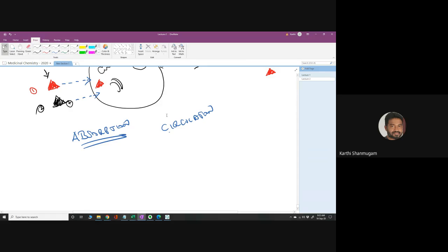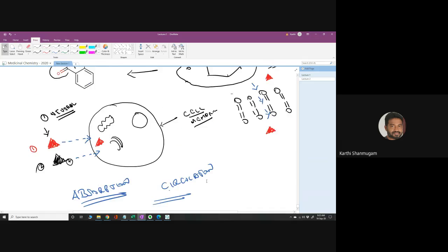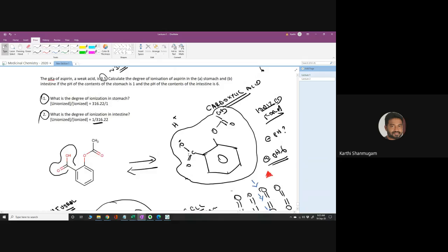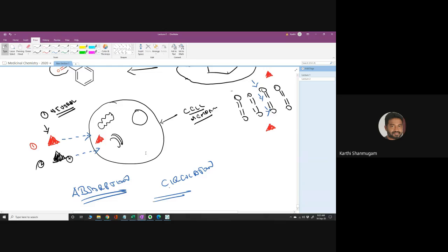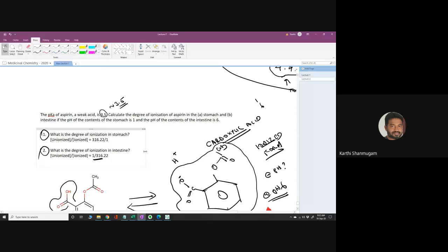So if this is the definition for absorption, can you tell whether aspirin will be absorbed more in the stomach or intestine? You have to relate all the concepts we have discussed so far.